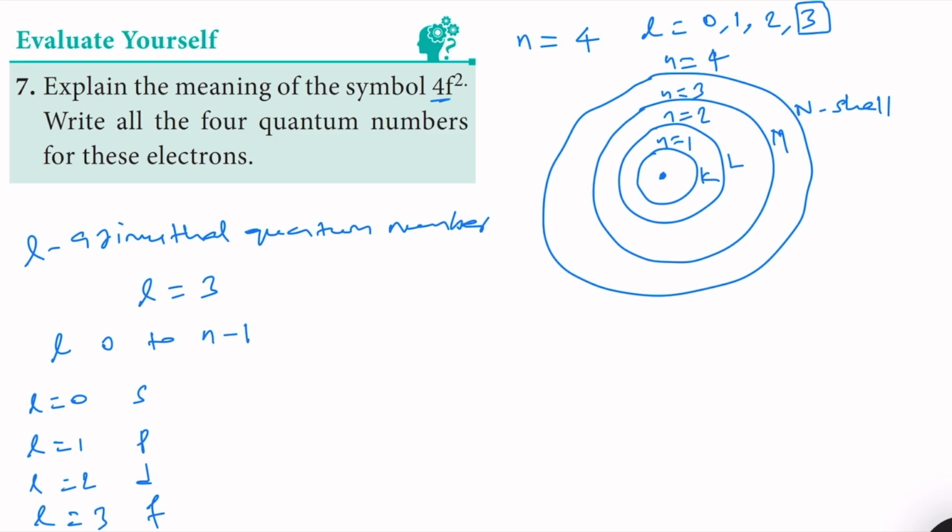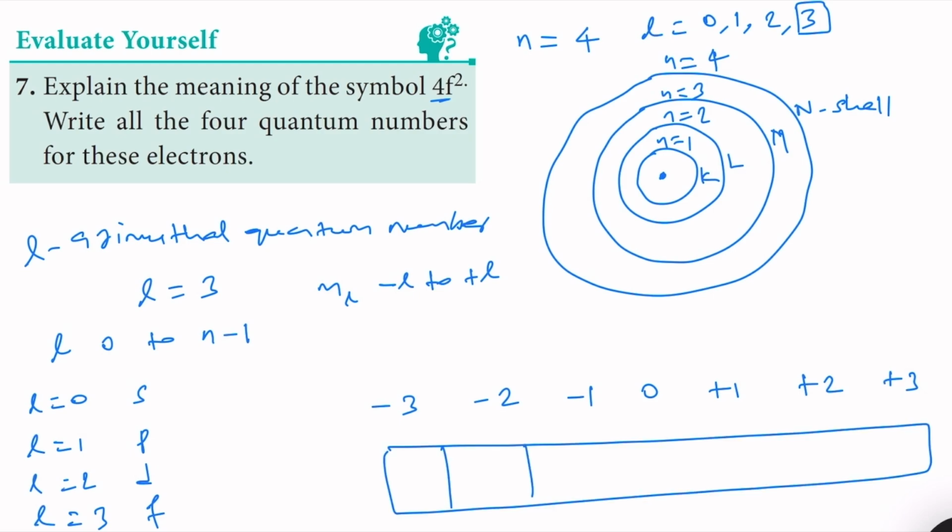Now, what will happen to the magnetic quantum number? The magnetic quantum number runs from minus l to plus l through 0. This means it can have the following possible values: minus 3, minus 2, minus 1, 0, plus 1, plus 2, plus 3, that is 1, 2, 3, 4, 5, 6 and 7.